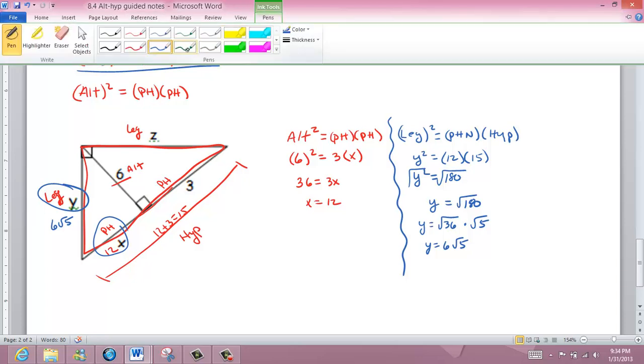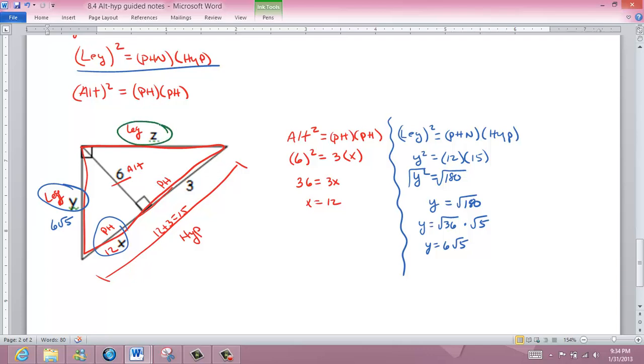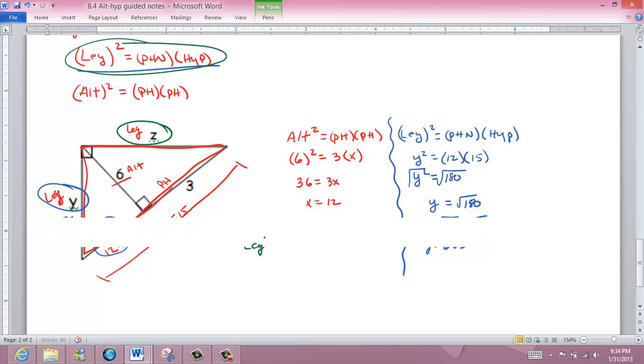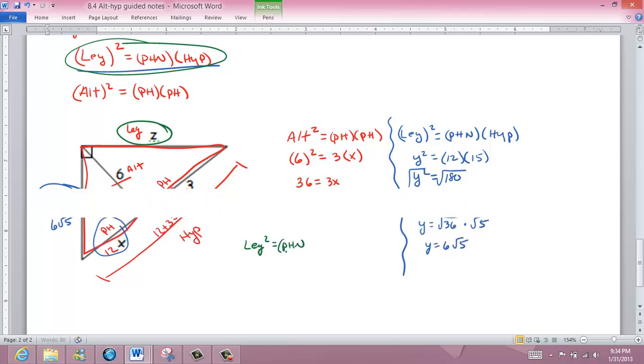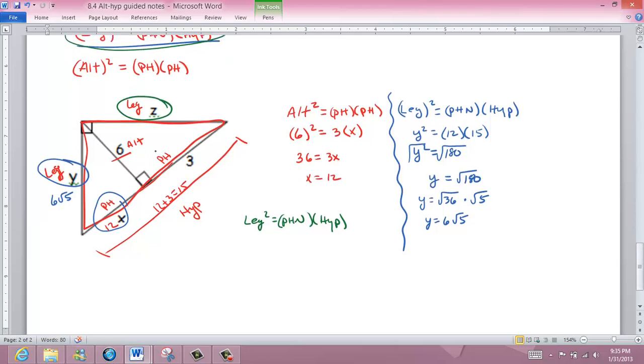So how do we find z? What is z? A leg. So right away, I know I'm going to use the leg squared formula. Leg squared equals piece of the hypotenuse nearby times the whole hypotenuse. If I'm at z, what is the piece of the hypotenuse nearby? It happens to be 3.